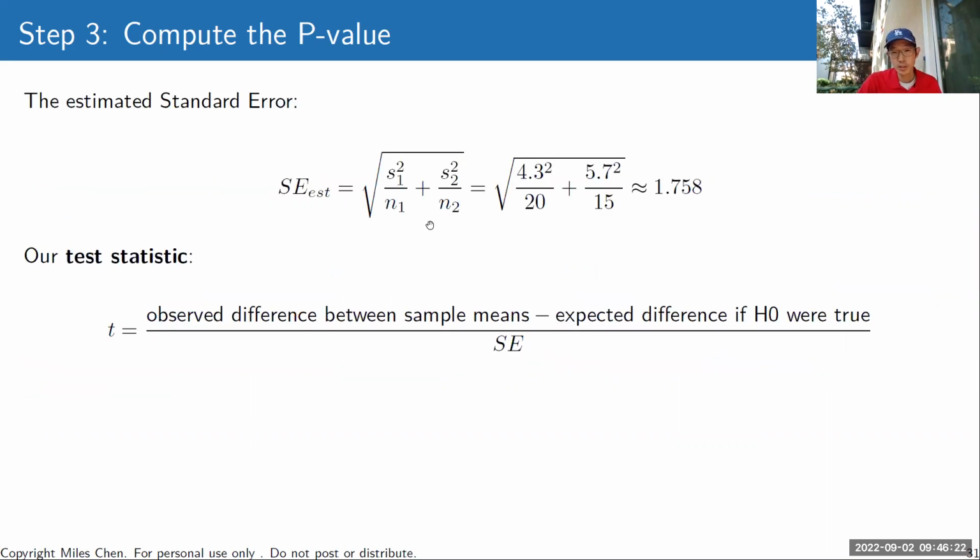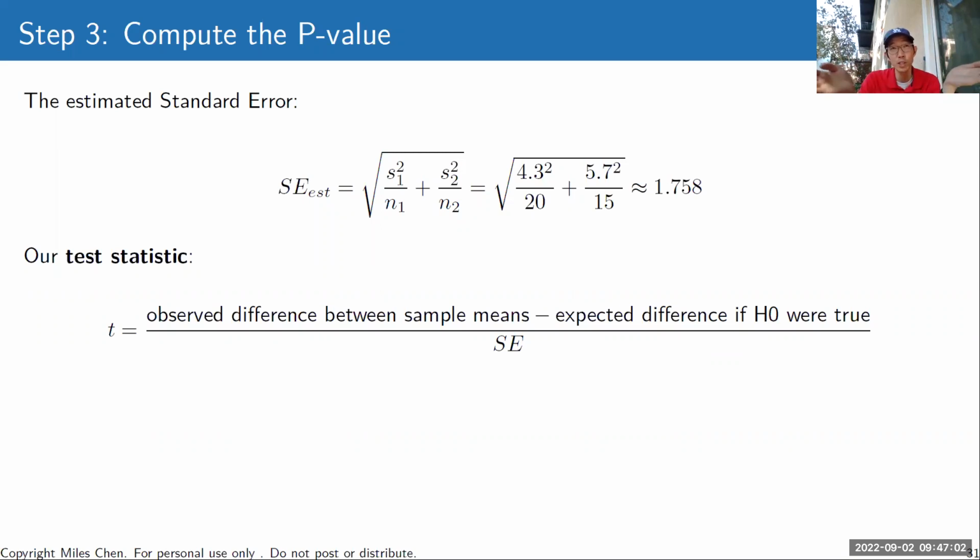We calculate the standard error. This is the same formula that we used for the confidence interval. Standard error is 1.758. Our test statistic here is, what did we observe in our data? We observed a difference of 3.9, X bar 1 minus X bar 2, 28.2 minus 24.3. If the null hypothesis were true, mu1 is equal to mu2, we would expect our random samples to have a difference of 0.